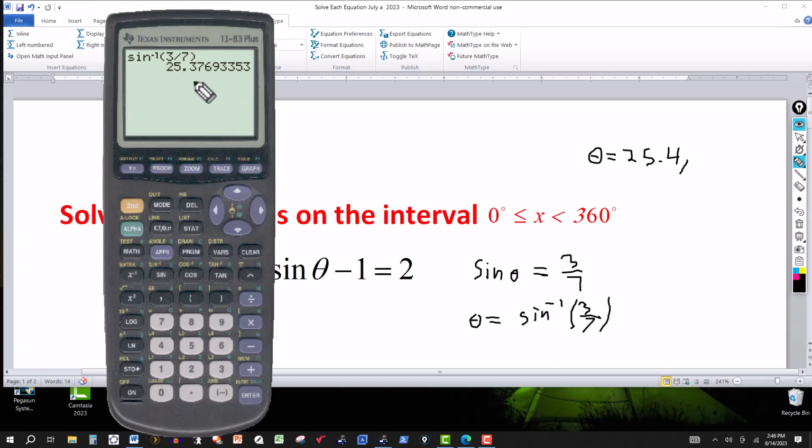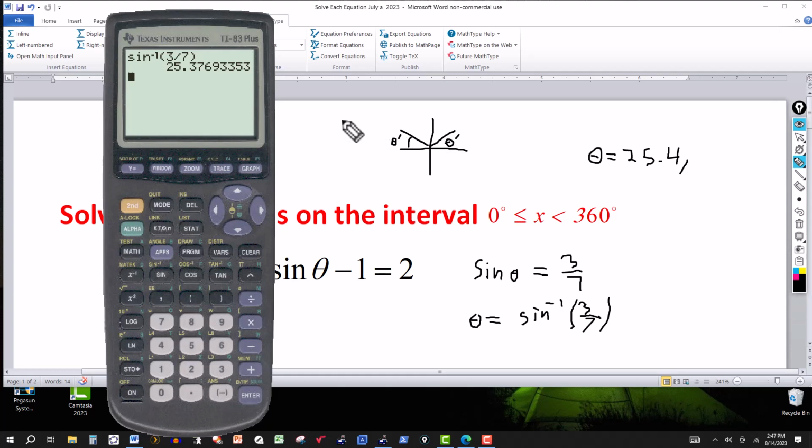Now you can use this as your reference angle. Normally on these, you're going to have 2 solutions in the interval, especially if you have the angles in a particular quadrant, 1, 2, 3, or 4. So let's say my reference angle here is 25.4. You can draw a diagram over here and make this your reference angle, theta prime. If this is a reference angle, then that's one solution.